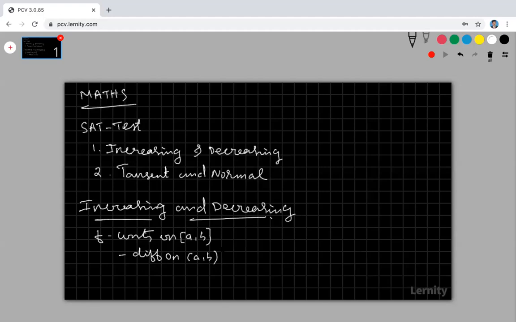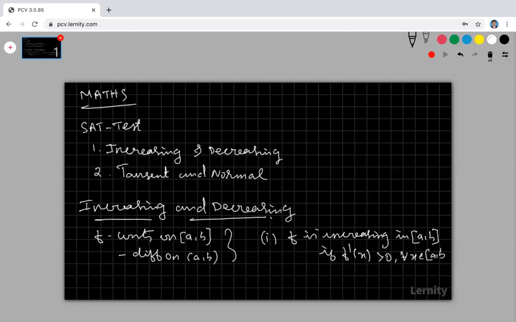Okay. Then my first case is my f is increasing in the closed interval a comma b, if my f dash of x is greater than 0 for all x in this interval.